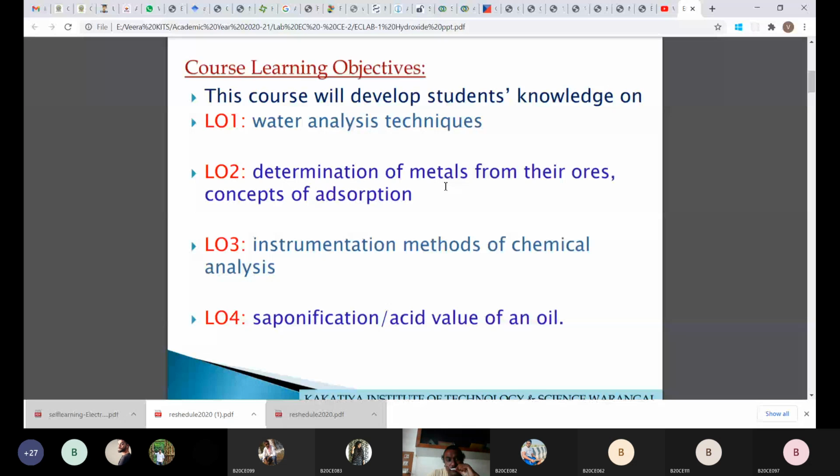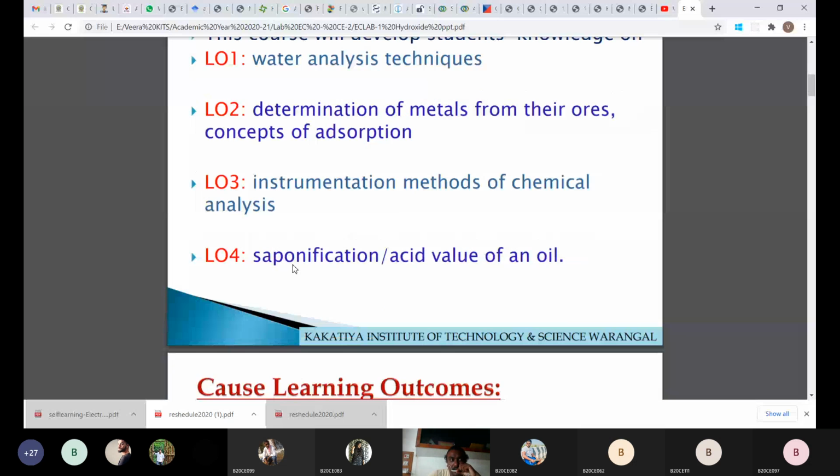Also, you will be able to deal with some instruments like colorimetric and conductometric and potentiometric, and be able to determine the saponification or acid value of some oils.